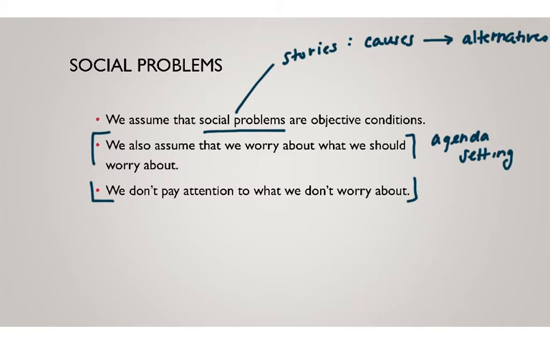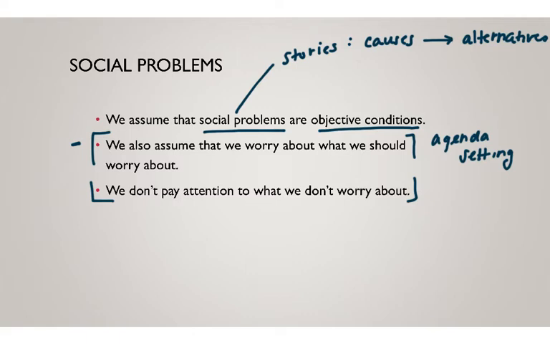It assumes that the problem objectively exists and that scientists or policymakers are able to identify and measure it, and then that automatically becomes part of the policy process, and it automatically gets addressed. She argues instead that, first of all, we're assuming here that we are worrying about what we should worry about.